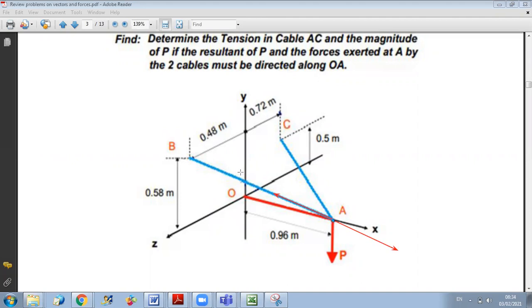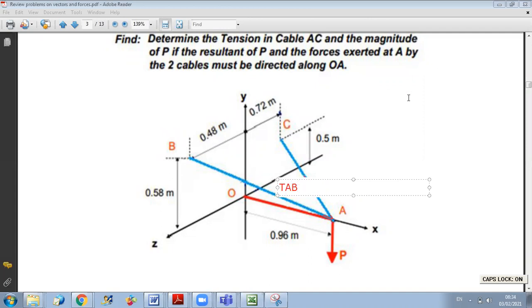Okay? So if I do the same analysis for AC. So since A is pulling the cable down, then the cable will do on A an action that is up. Okay. So this is TAB. This is the tension in AB.